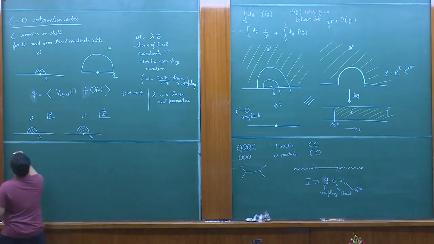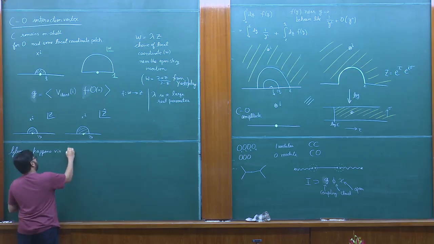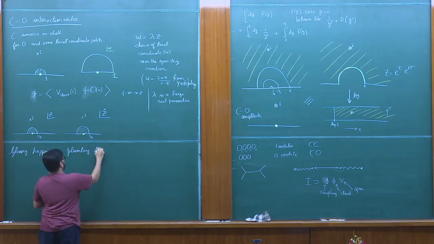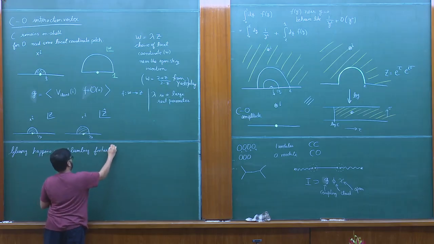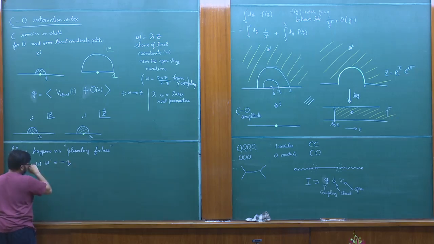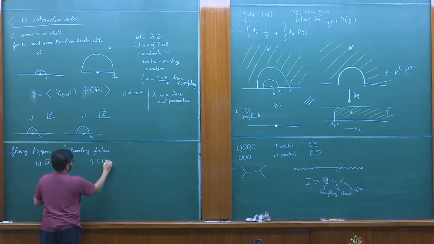The gluing happens via the so-called plumbing fixture, just some name that people have given it. What you do is you make the following equation: W hat equal to negative Q, where Q is a real parameter belonging to 0, 1.